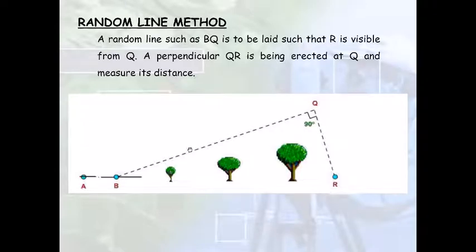That means that line would intersect this line BR at some point. Basically we need to find out what that distance is at which that perpendicular will intersect this line BR. And if you can correctly find out that distance, you can correctly find out that point which will be in alignment with B and R.